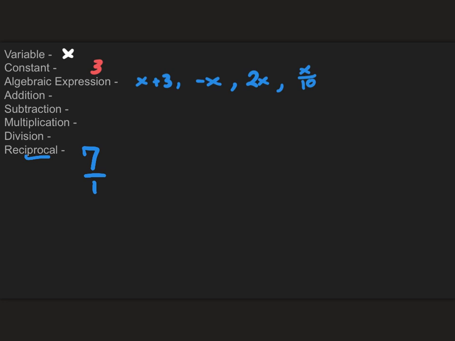So when I say the reciprocal of 7, I'm talking about 1 over 7, which is also called the multiplicative inverse. Inverse means something has been turned upside down. So a reciprocal, if I multiply these two fractions, I will get 7 over 7, which is 1. If I add them, I won't get 1. So we're going to talk about this, why I did what I did here in a couple of slides.